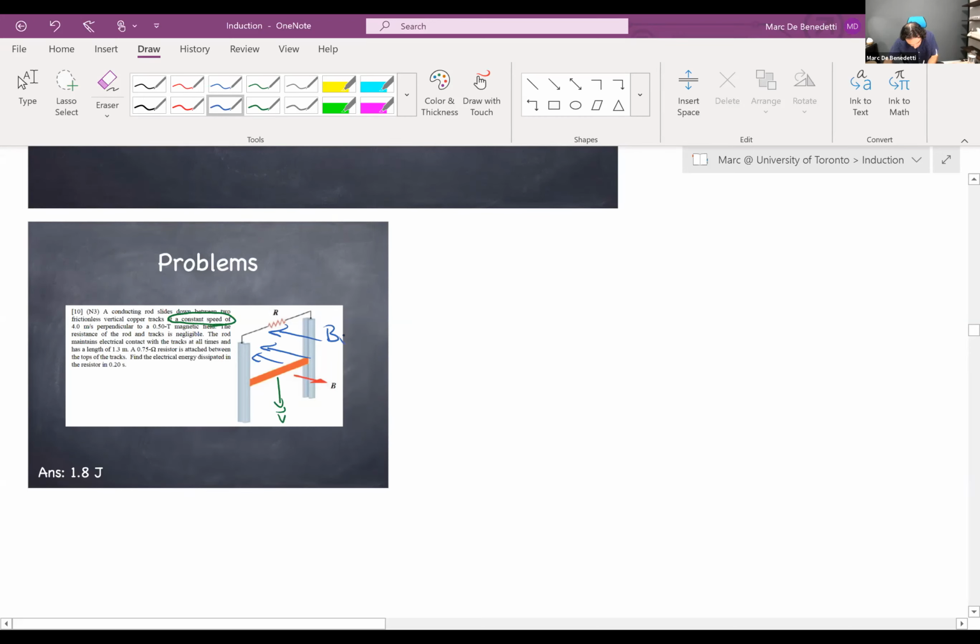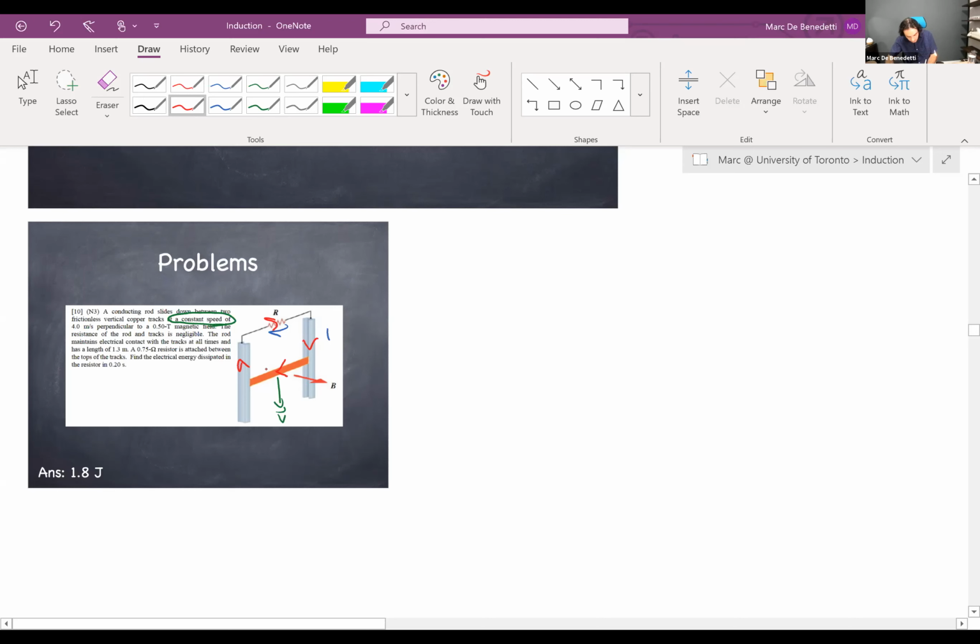This is going to be B induced. It's going to be in the opposite direction. So we use our right-hand rule, thumb in the direction of the induced B field, and your fingernails will curl in the direction of the induced current. So this tells me the induced current is going to be that way.